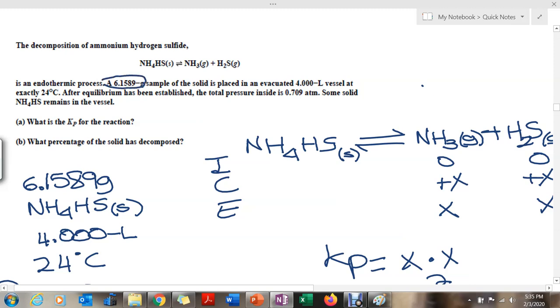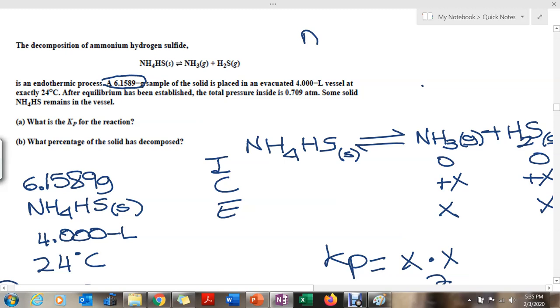You can do it even with moles because you can get a percentage by dividing the moles of the solid that had decomposed, right?